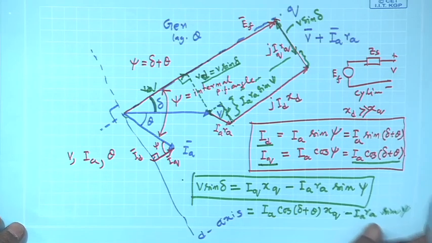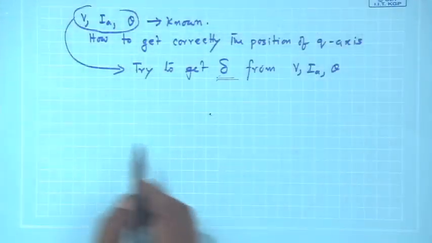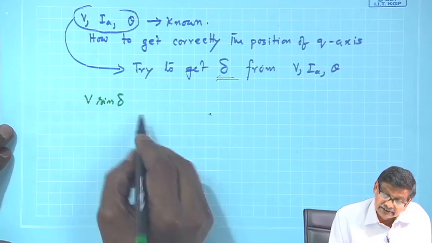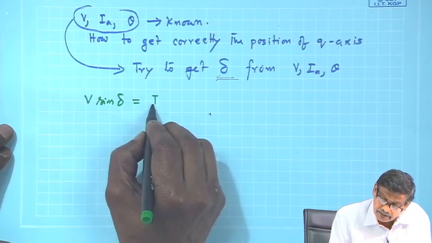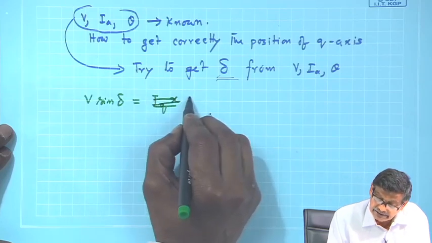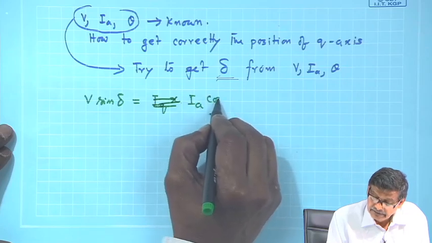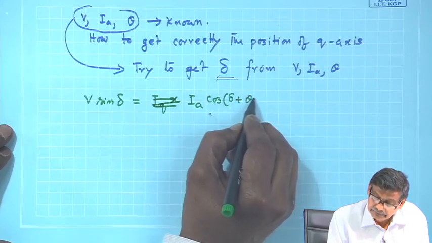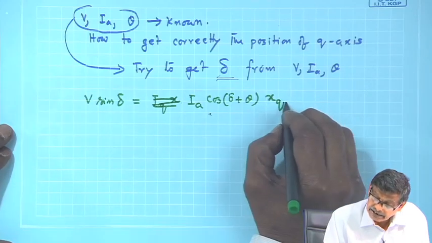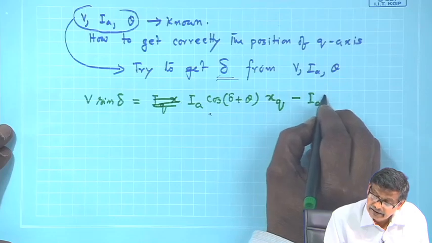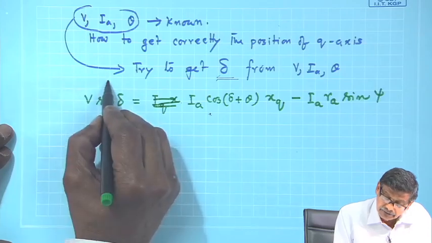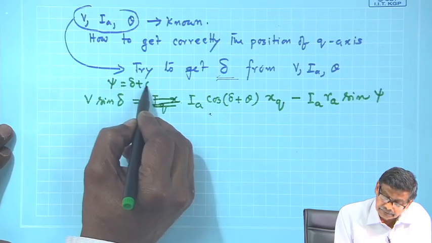We come to a fresh page and rewrite that V sin delta is equal to I q x q, that is I A cos(delta plus theta) into x q, minus I A R A into sin psi, and we know that psi is equal to delta plus theta.